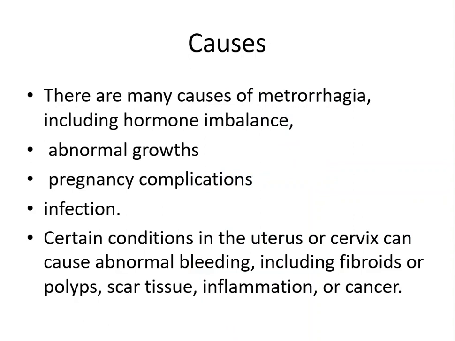Mothers or girls normally have only regular menstrual bleeding, so if there is any other bleeding, it must be noted that there may be some disorder, and it can also increase the risk of anemia among girls or women. So it is bleeding that is not associated with menstruation. There are many causes of metrorrhagia.